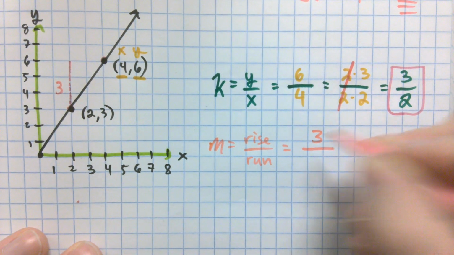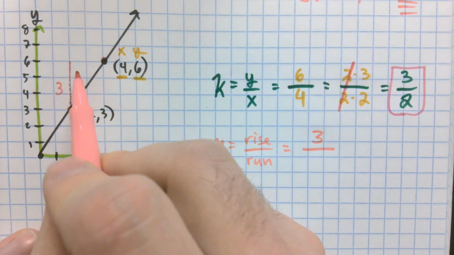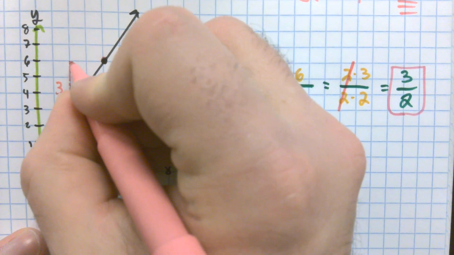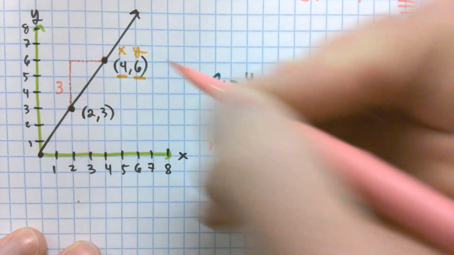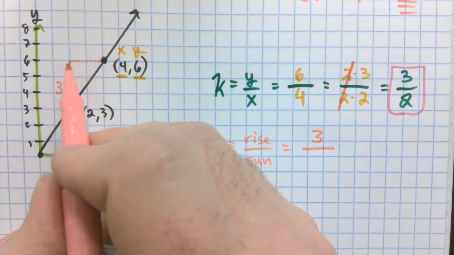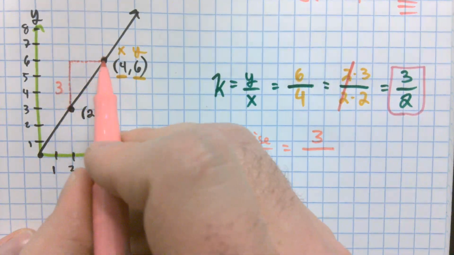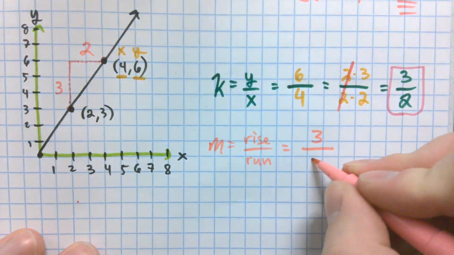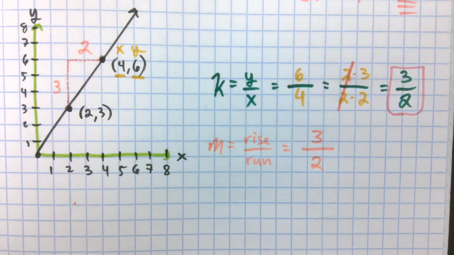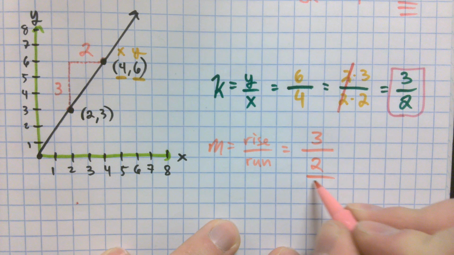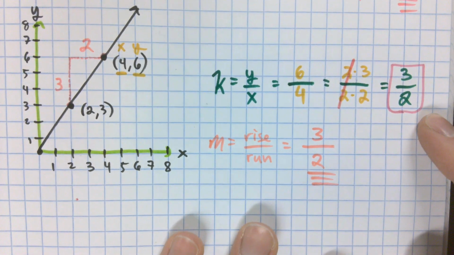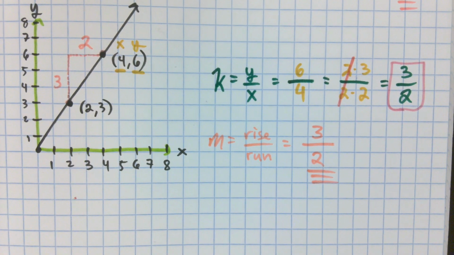So my rise is 3. How many points do I have to run over? 4? Count the squares. 2. Is that the same that we got from doing our k? Yeah, 3 over 2.